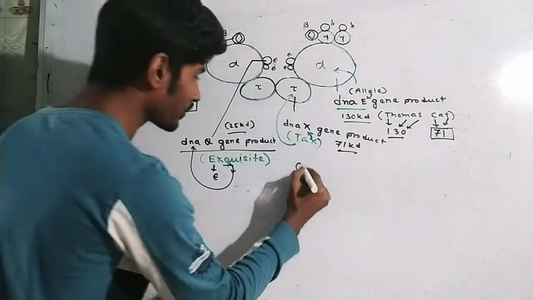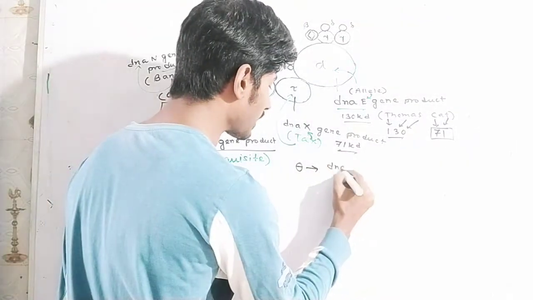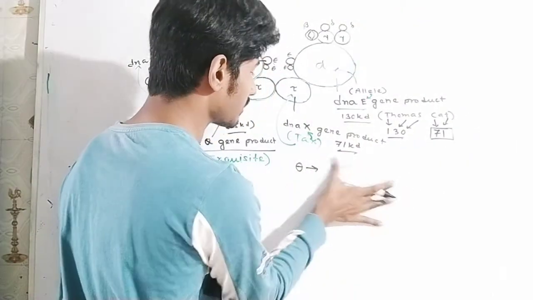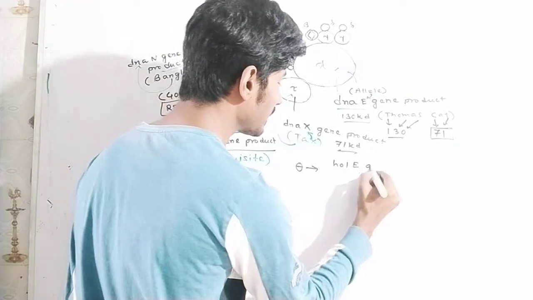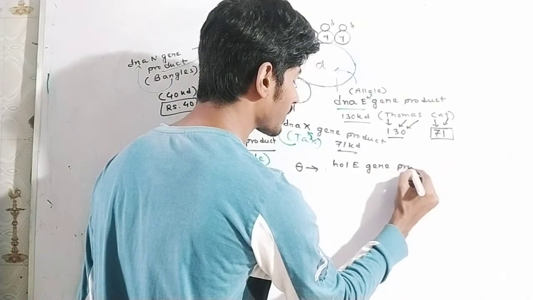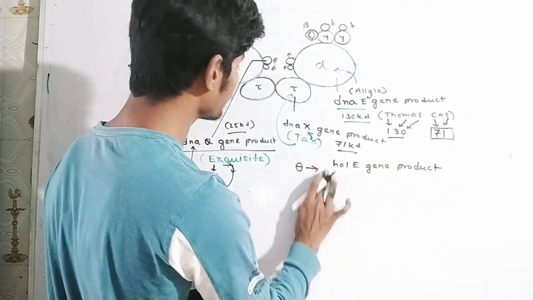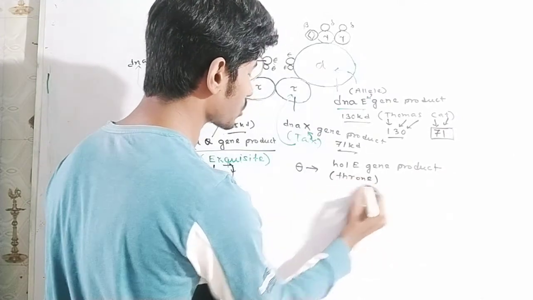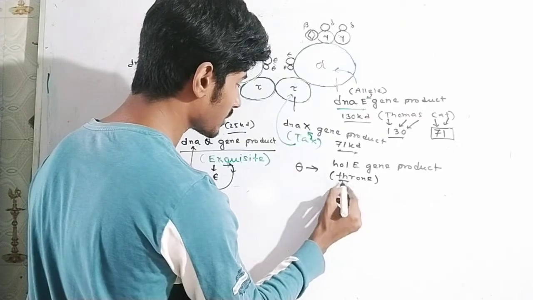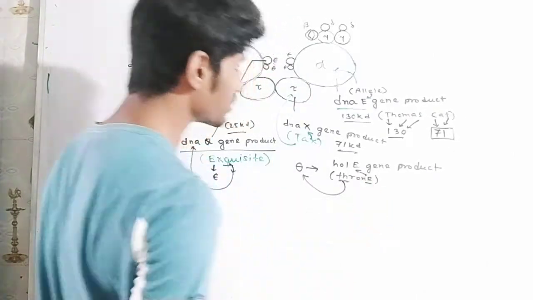The theta subunits are not DNAE, it is HolE. So HolE gene product, and you can remember this by this word throne. So TH means theta and E means HolE gene.